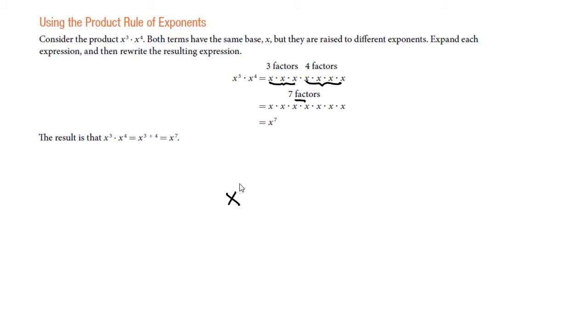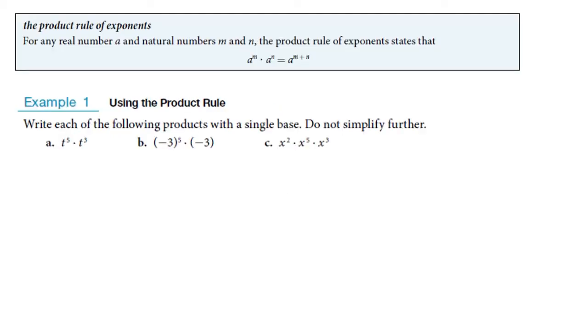So we see that x cubed multiplied by x to the power 4 is equal to x to the power 7. So this suggests the product rule of exponents. For any real number a and natural numbers m and n, a to the power m multiplied by a to the power n is equal to a to the m plus n, the product rule.